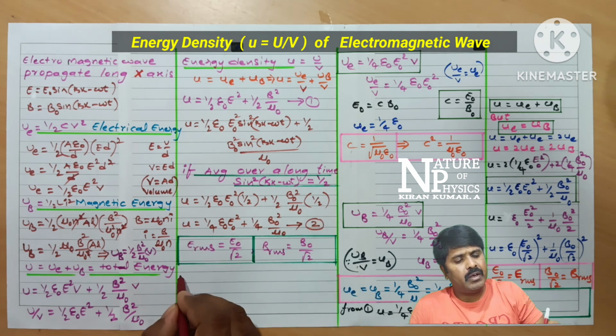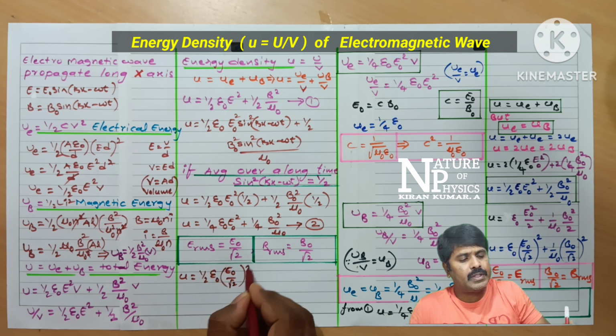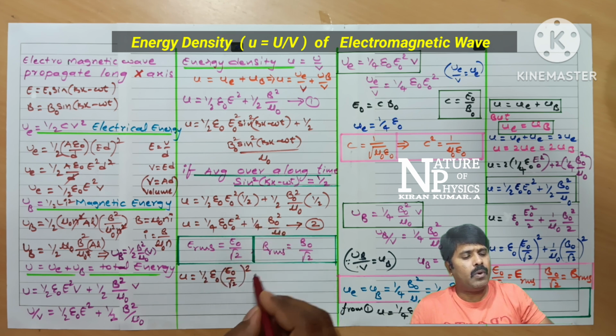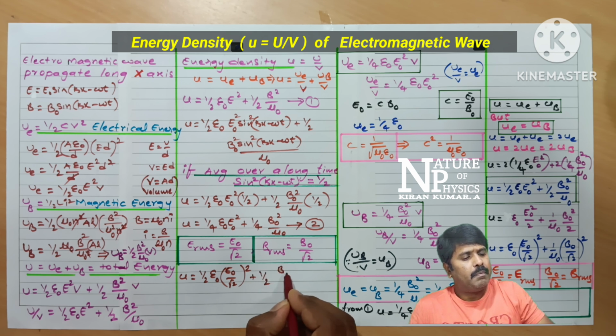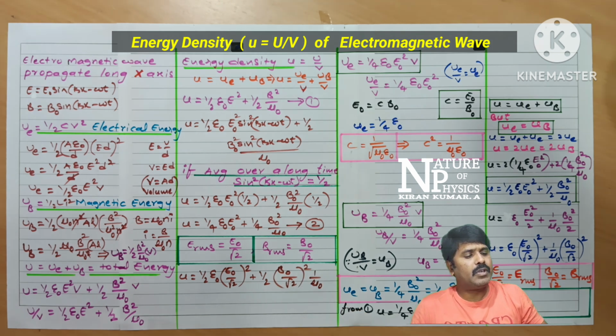Modifying this equation, U is equal to half into epsilon naught into (E naught by root 2) whole square, plus half into (B naught divided by root 2) whole square into 1 by mu naught, student.